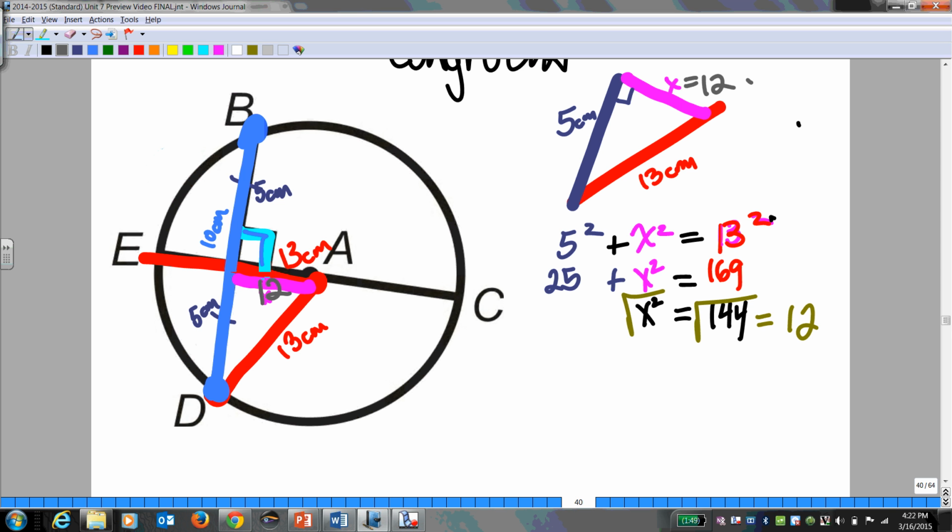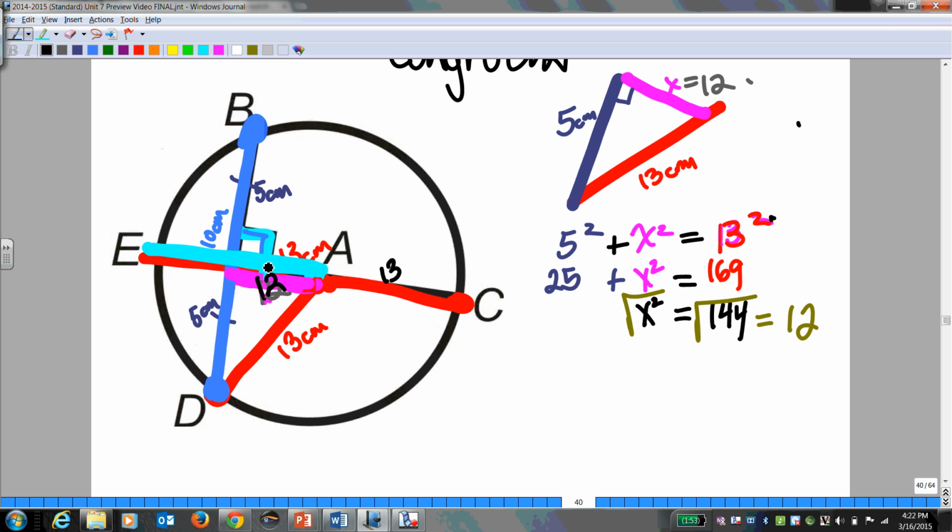Now our goal is to find all possible segments. So let's pick off the easy one. That is a radius too, so of course that's 13. Now to understand this, you need to trace with me. So put your pencil on A, trace A to E. Now trace that 12, trace A to E again, trace that 12.